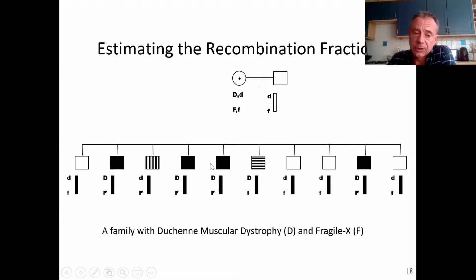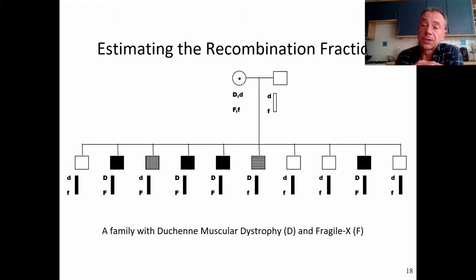So here we've got a situation where we have a very unfortunate family that has two X-linked recessive diseases in it. And what that means is that males will have the disease if they inherit an abnormal gene on the X chromosome, a gene with a variant mutation in it.